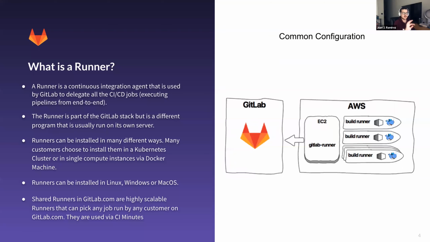That's the difference. The funny thing about that is that there's kind of a vague concept there, because we also have shared runners in GitLab.com, and those are used by everyone in the community, right? So they are used by customers who pay for CI minutes, and they pick the jobs of anyone who's using GitLab.com, if that's their choice, right?